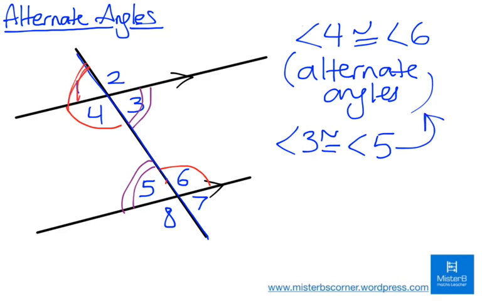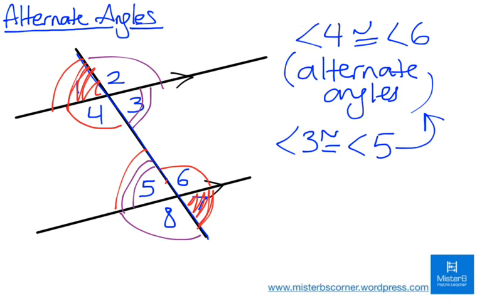I have 1 here, and I have 7 here. These are also alternate angles, and you can see that 1 and 5 are corresponding, and 5 and 7 are vertically opposite. And also we have 2 and 8. These are also alternate angles.